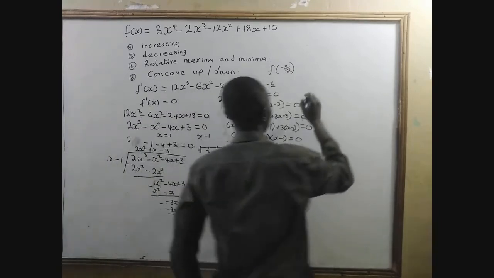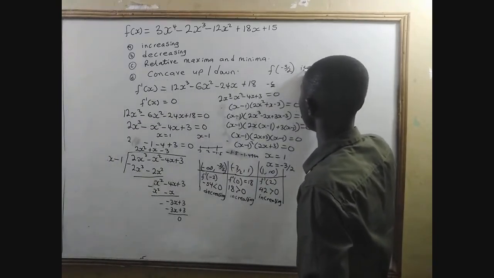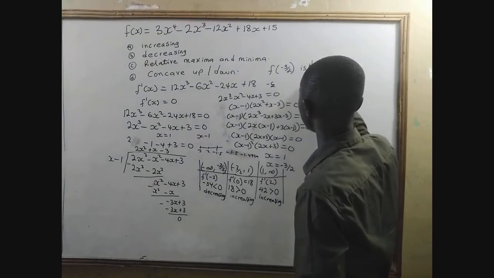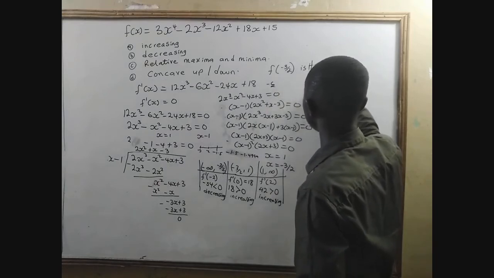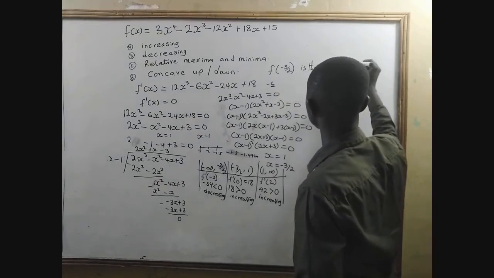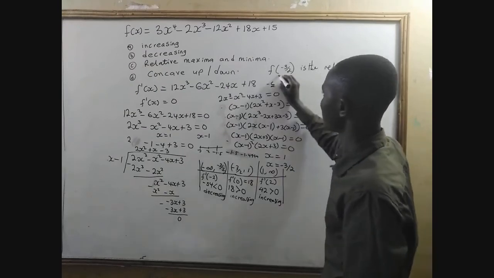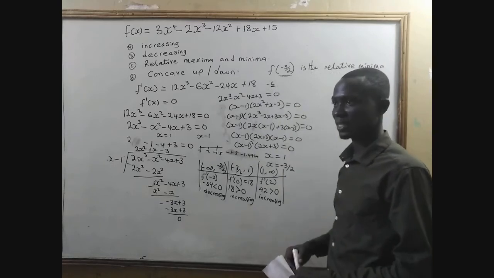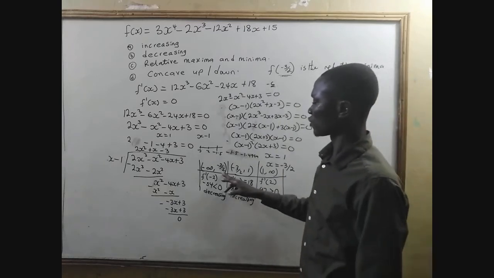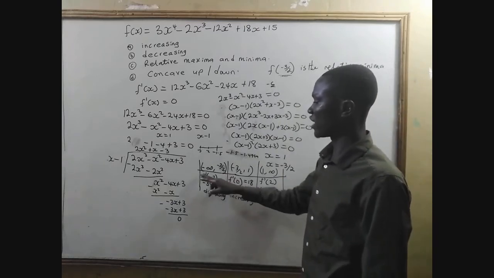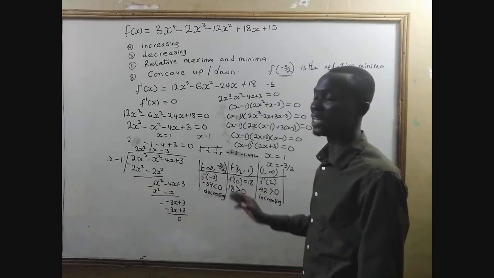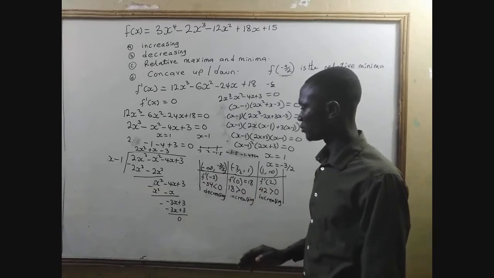So we are saying that f of negative 3 on 2 is the relative minima. Is the relative what? Minima. Is the relative minima point. At this point, that is the smallest point at which f prime of x will be less than 0.